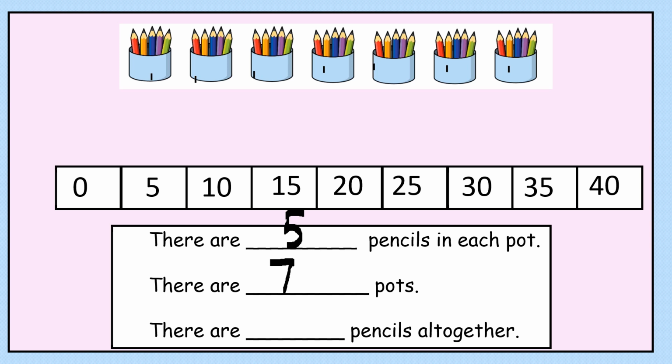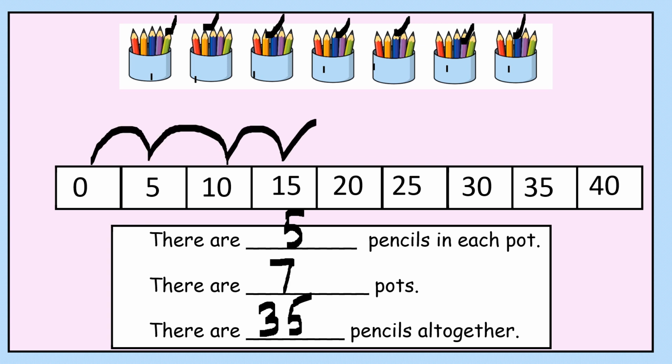Let's count. 5, 10, 15, 20, 25, 30, 35. So altogether there are 35 pencils. And it's much easier and quicker to count them in fives, isn't it? And you can show that on a number track as well. We've got 0, then 5, 10, 15, 20, 25, 30, 35.